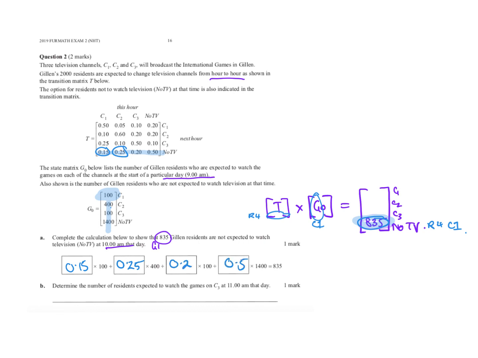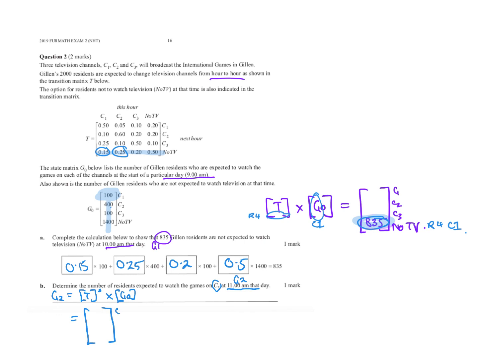So to determine the number of residents expected to watch the games on channel 3 at 11 a.m.: 10 a.m. was G1, so 11 a.m. is going to be G2. To find G2, you do the transition to the power of 2 times G0, and then we're going to get an answer.